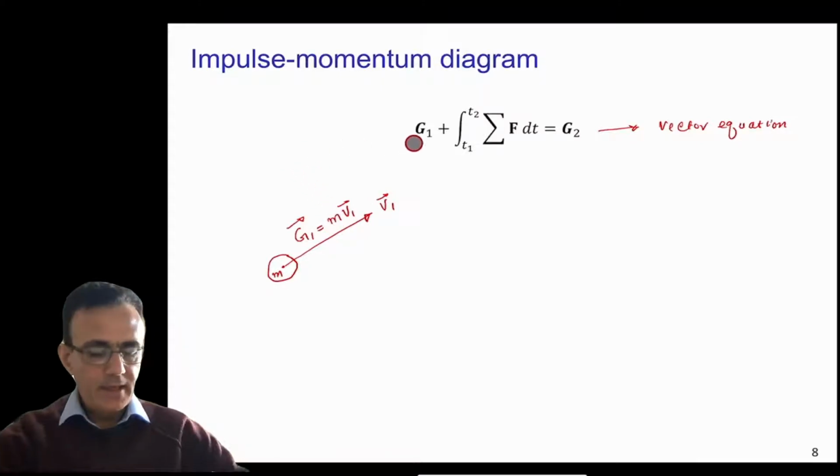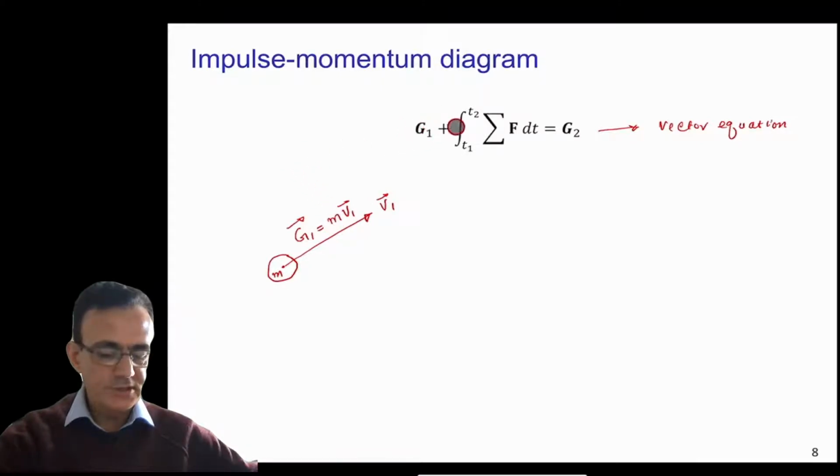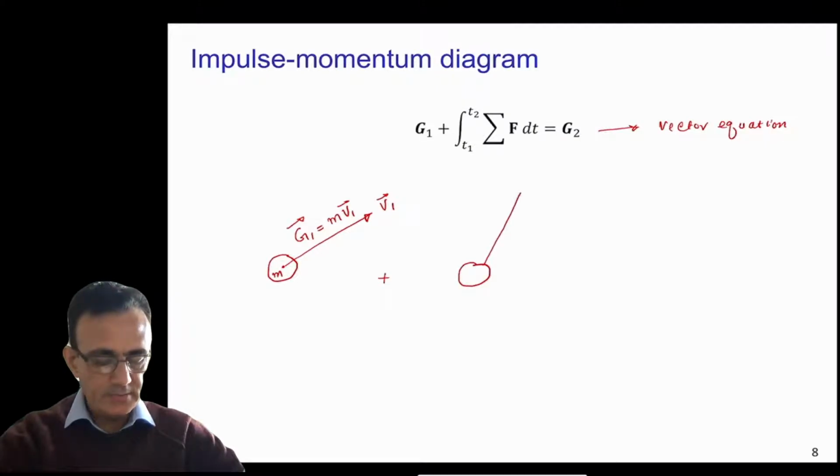And then in this equation, this is G1 and then plus this impulse. If you look at the impulse, it is just the summation of the forces, and you are integrating it from t1 to t2. So this means that this is also a vector quantity. So again, if you apply this to the same body here, maybe it is in this direction here.